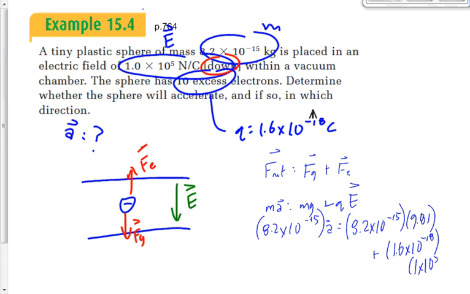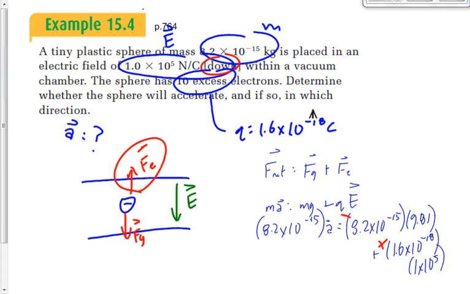What do we do for gravity, positive or negative? Because it's acting down. What do we do for the electric force, positive or negative? Positive because it's up. Even though they didn't tell me the electric force was up, we figured out that it was up, because the electric field is downward and it's a negative particle. So the force has to be opposite to the field.